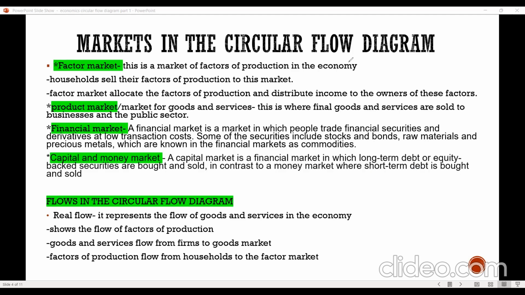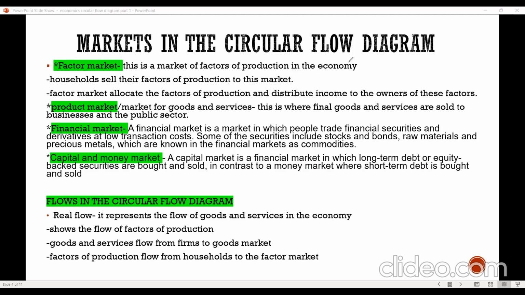That is basically the main role of the real flow. It represents the flow of goods and services in the economy together with the flow of factors of production.